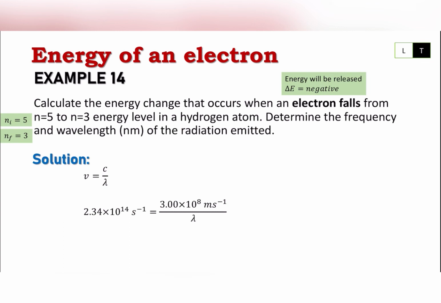I put in the values I have for frequency and speed of light, and you will have lambda as 1.283 exponent negative 6 meter. This is because you cancel out the unit per second, and you are left with meter. However, the question asks for the wavelength in nanometer, so you have to convert it into nanometer, which will be 1283 nanometer.